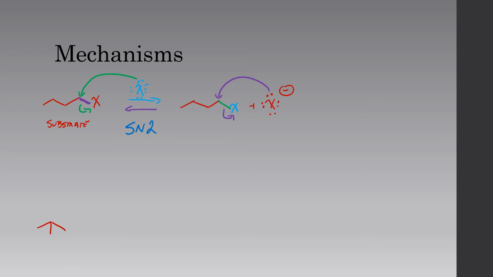If we change, and so now let's have a tertiary leaving group. Let's bring in our X minus again. Now we cannot do an SN2 mechanism. Tertiary leaving groups are too sterically hindered for a halide to come in and do a substitution reaction.